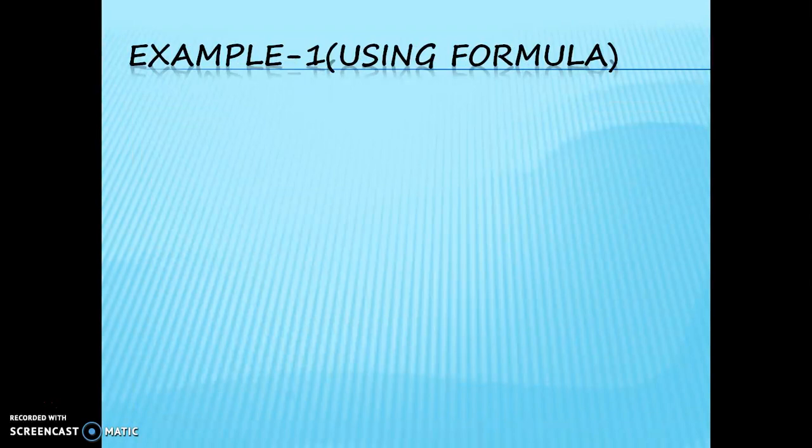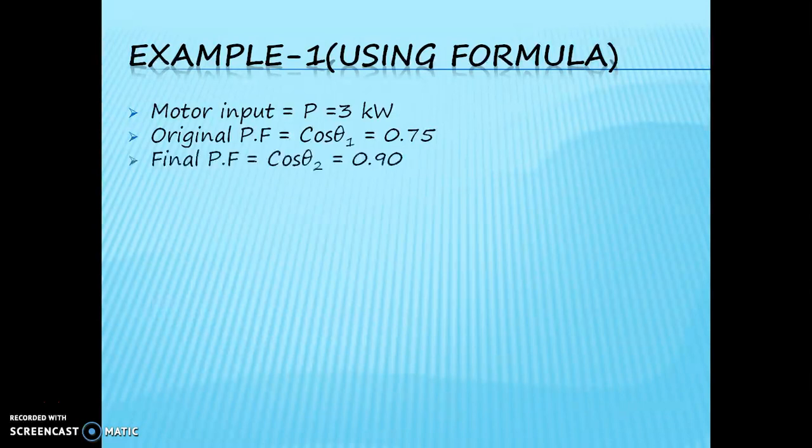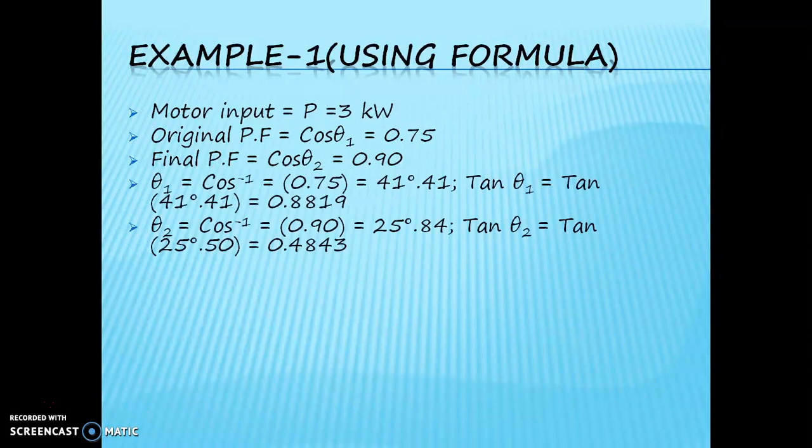Without using this table also we can find the kVAR. That I will explain now. Just follow these steps. The motor input we know is 3 kilowatt. The original power factor is 0.75. The final power factor we need is 0.9. From this we are going to find theta 1 and theta 2.